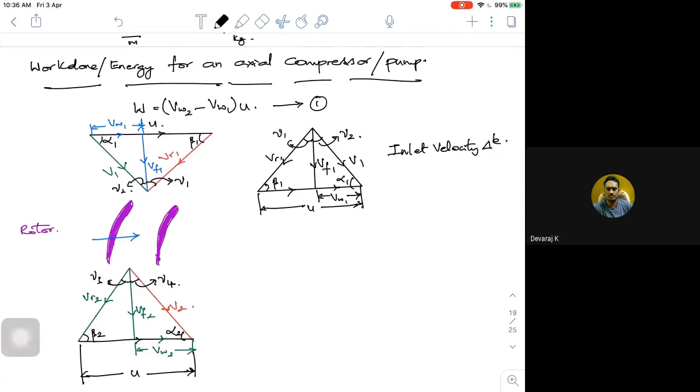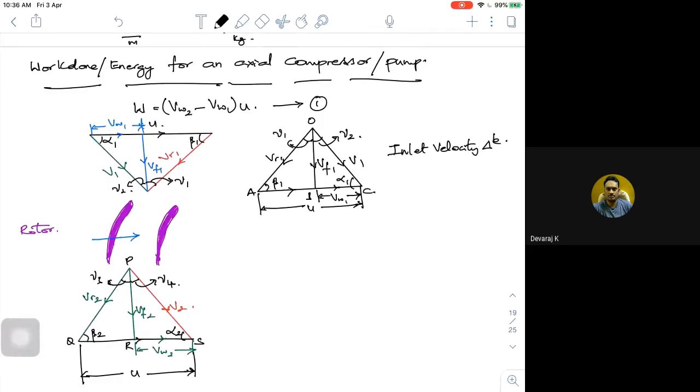Now, if I consider the triangle, let me call it O, A, B, C, and similarly this as P, Q, R, S, just to give some clarification, that's it.